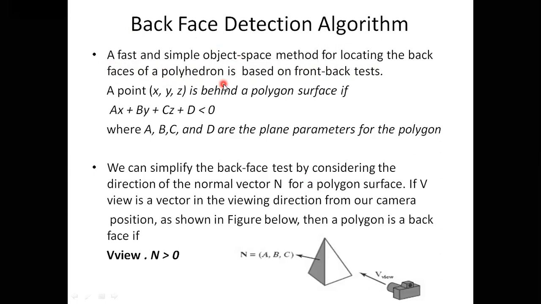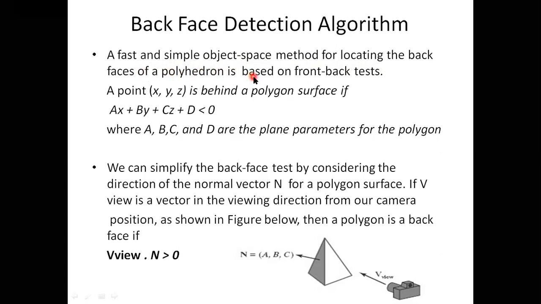Once I detect the back faces, all other faces are front faces, so I do not have to detect back faces and front faces separately. It uses the concept of a simple object space method to locate the back faces of any polygon.